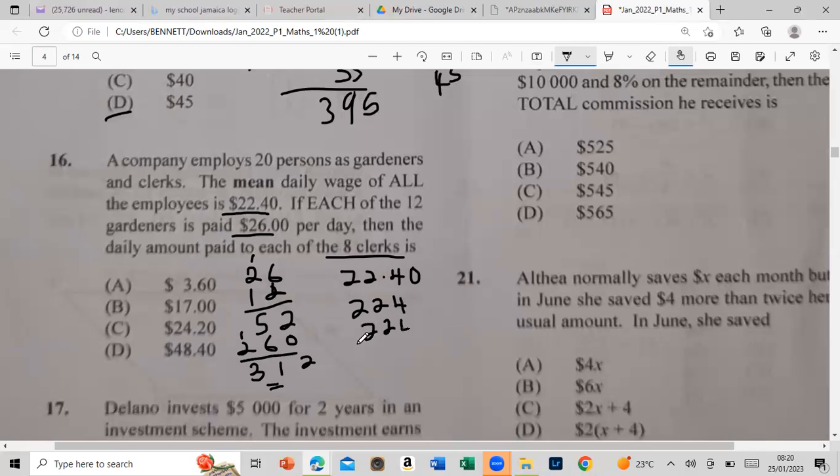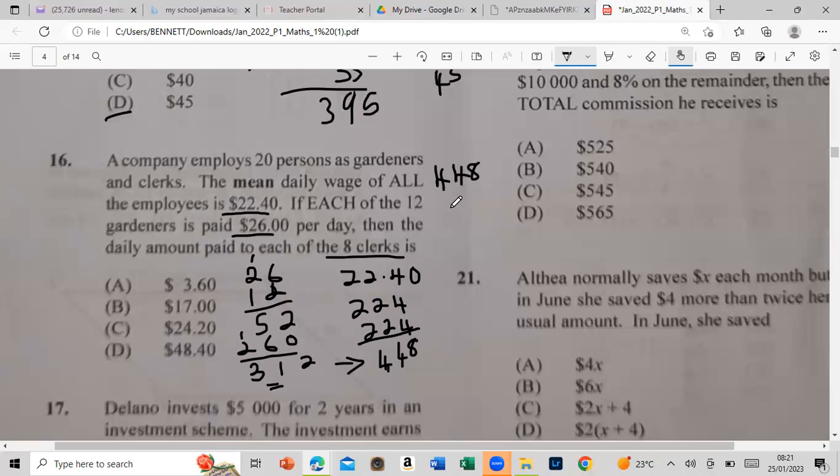This will be the aggregate for all workers, where everybody's money comes up to. So I'm going to subtract this and then divide it by 8 because I'm not 100% sure. When you're in doubt, guys, just do it the long way.